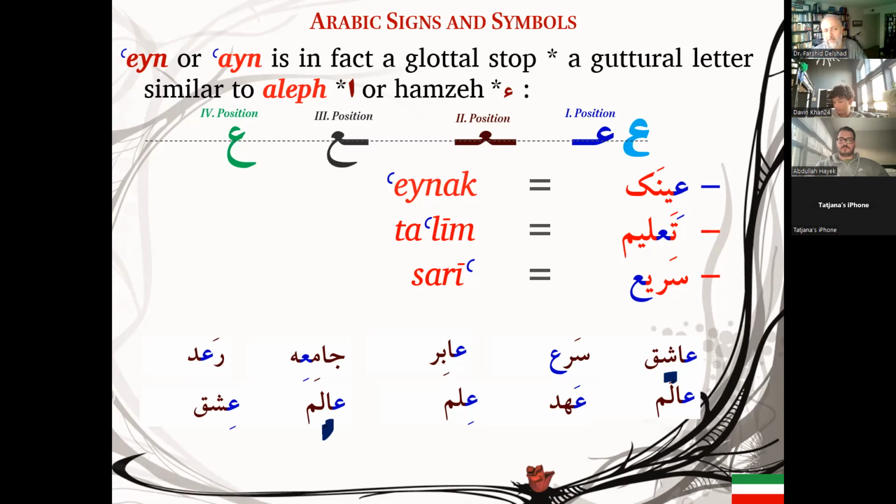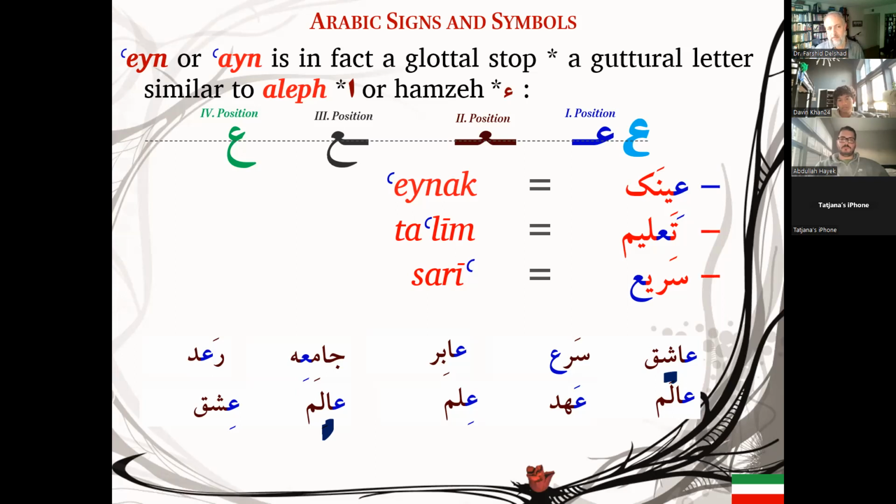And that's why, look at those words. For example, here, with the glottal stop in between, it sometimes helps you to say, okay, the glottal stop, most probably I'm dealing with an ʿeyn.